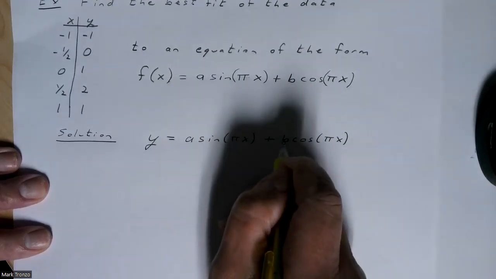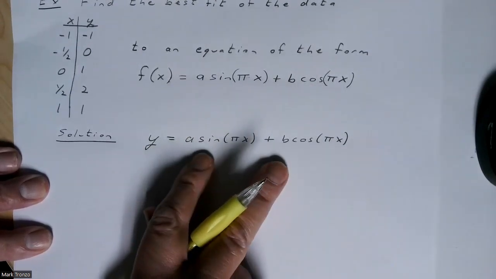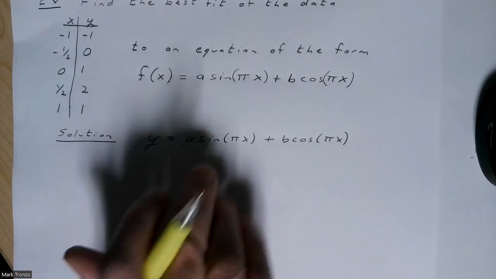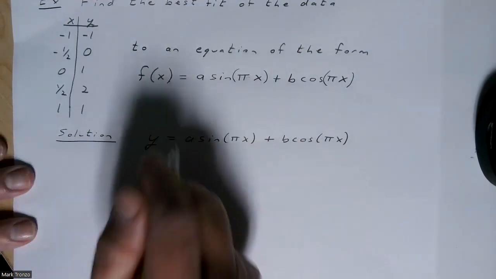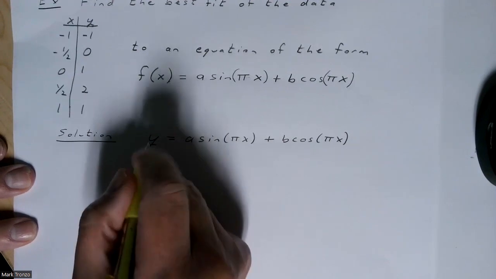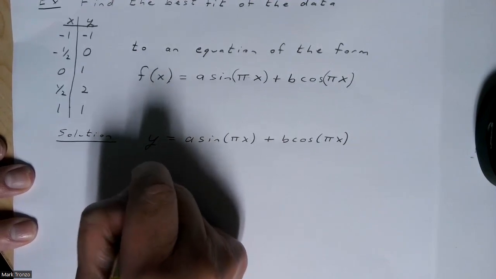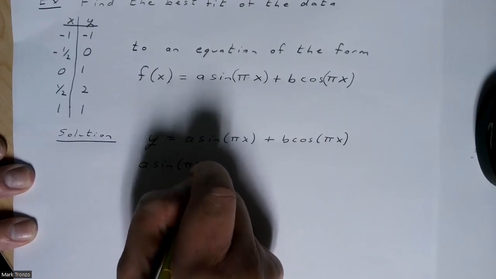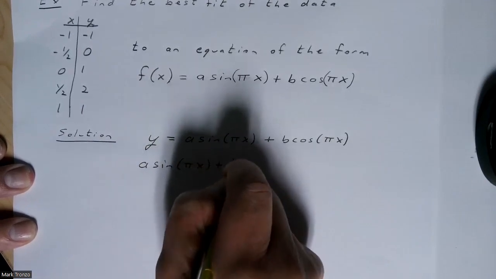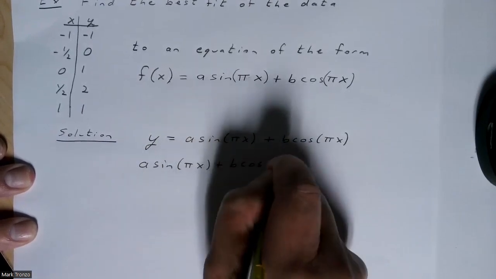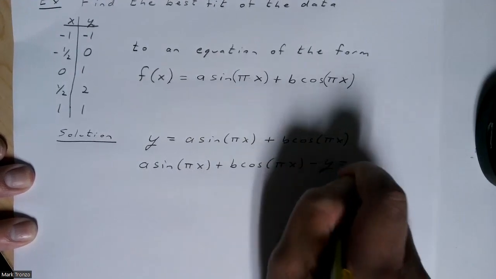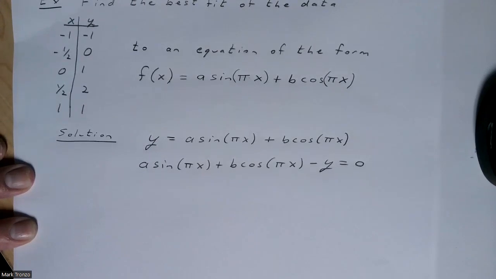Let's say whatever A and B we picked, let's say that our data points were on the curve. Then if we were to rearrange this like we did previously, we have A sine pi x plus B cos pi x minus y is 0.